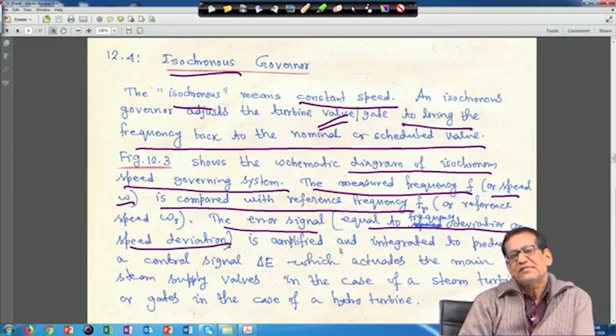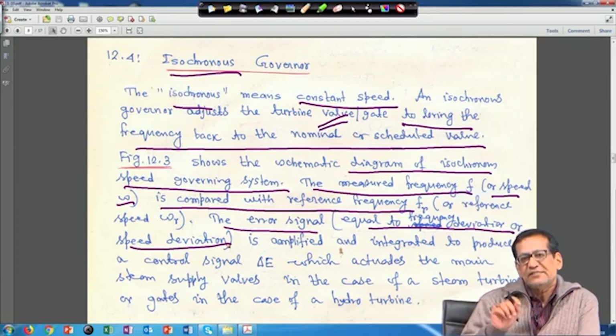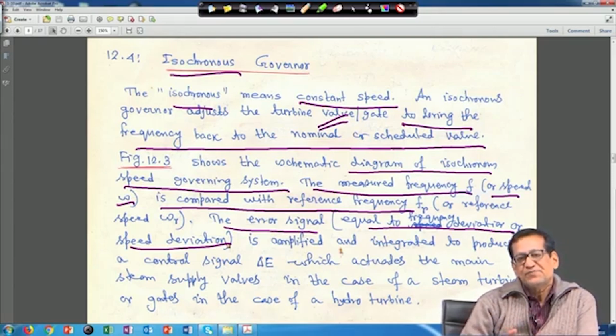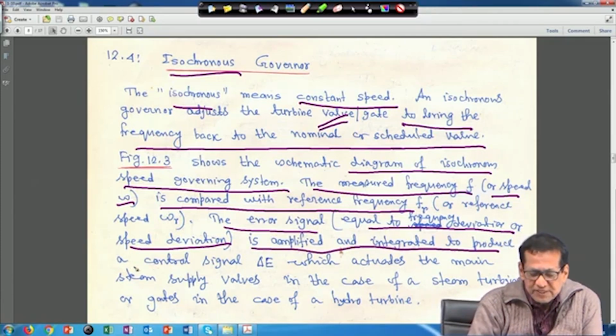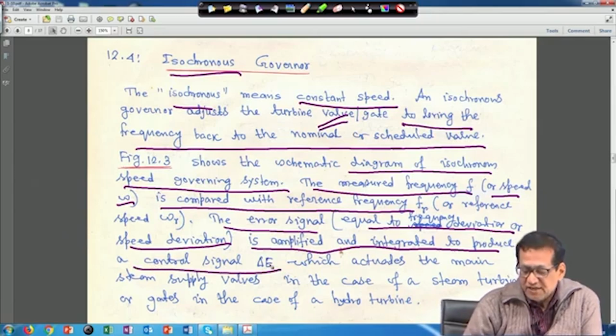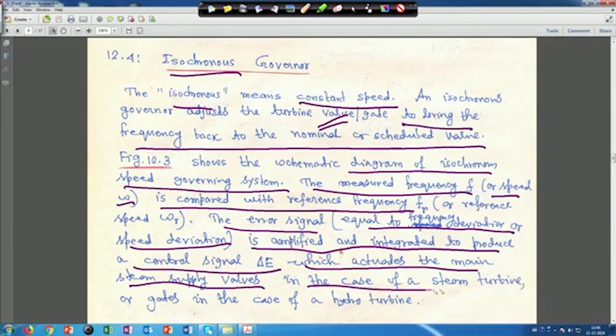If it is a frequency deviation, it is f minus f r, and if you take speed, then omega minus omega r. It is amplified and integrated to produce a control signal delta E, which actuates the main steam supply valve in the case of a steam turbine, or the gates in the case of a hydro turbine. So, we will go to that figure 3.